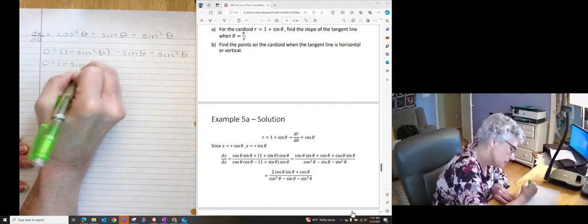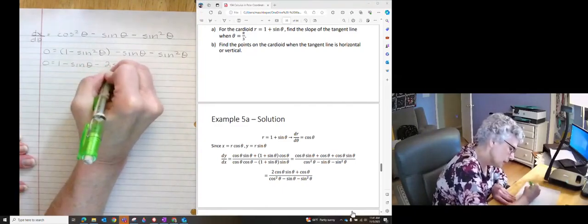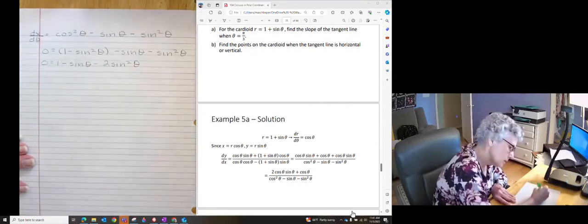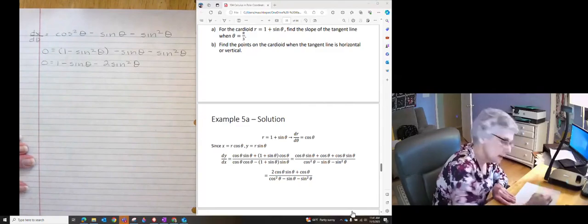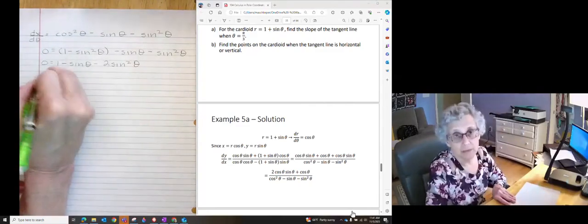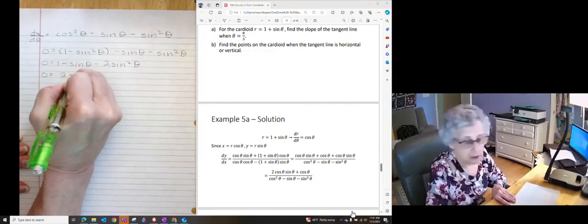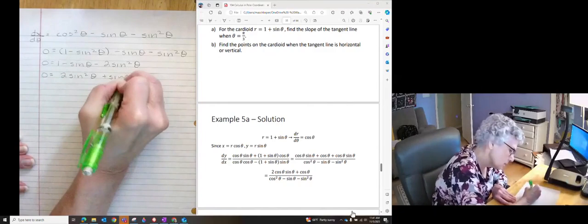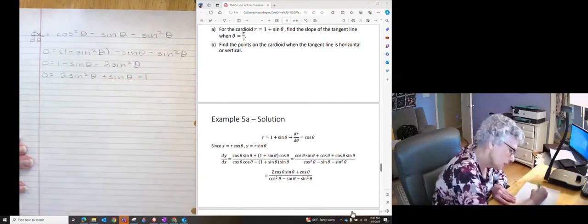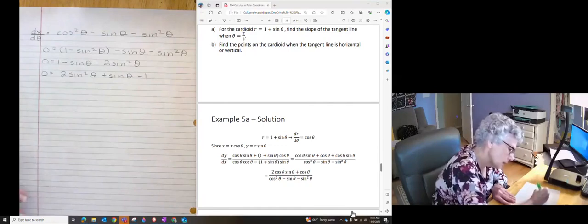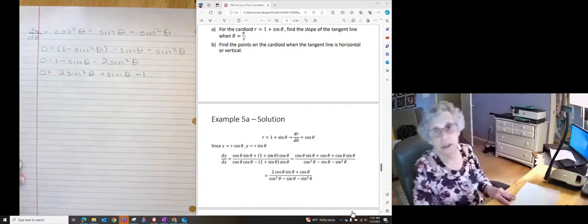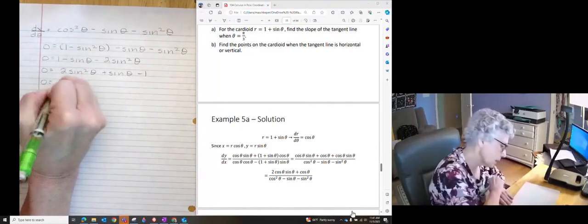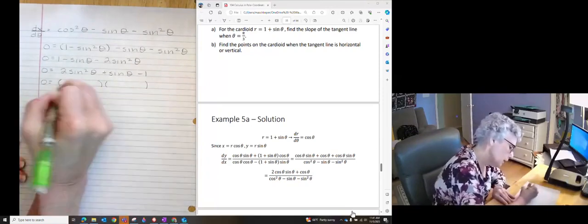So this leaves me with 1 minus sine of theta minus 2 sine squared theta. And I'm really not a fan of having that leading coefficient be negative, so I'm going to rewrite this as 2 sine squared theta plus sine of theta minus 1, because those have the exact same solutions. I just multiplied both sides by negative 1.